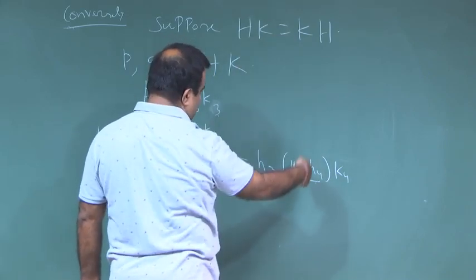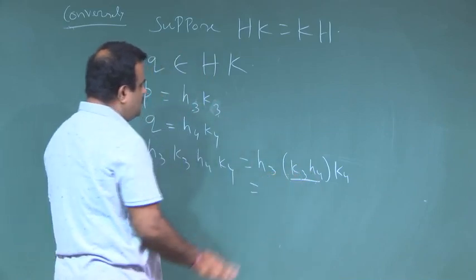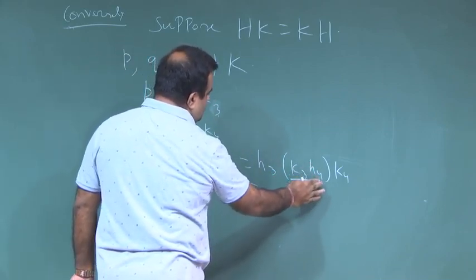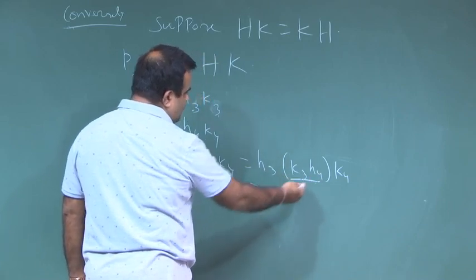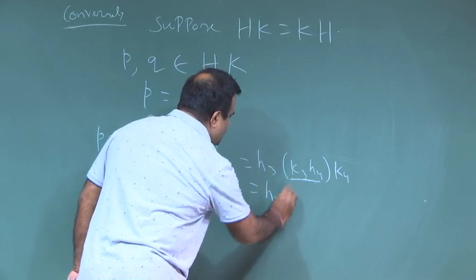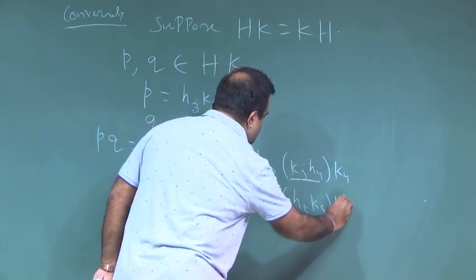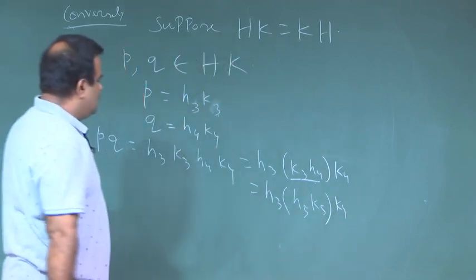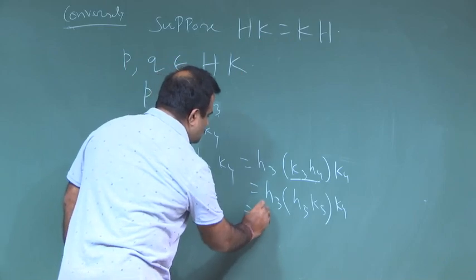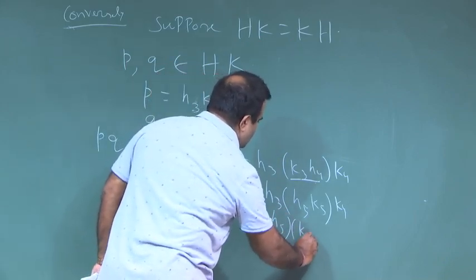So, there exists another element from this which is the same. It need not be commutative, we are not claiming that, but there has to be some h5 k5 which will be in this, because these two sets are the same. So, now this will give us h3 h5 k5 k4.